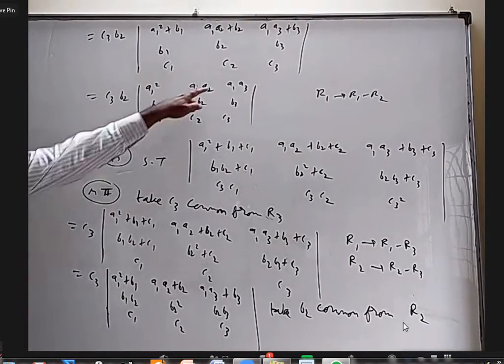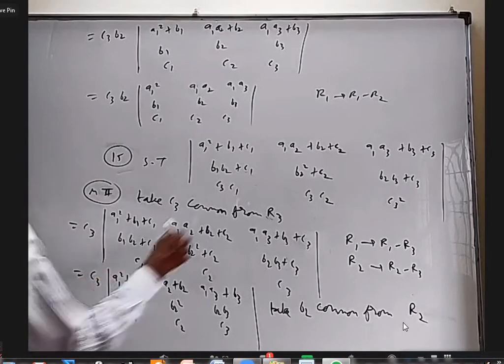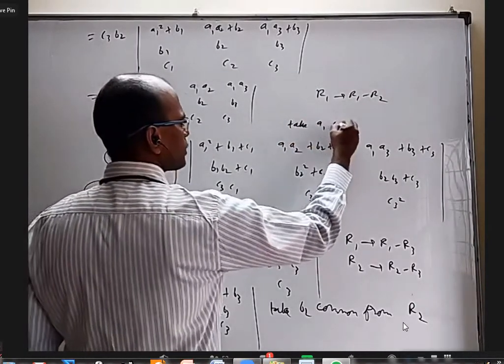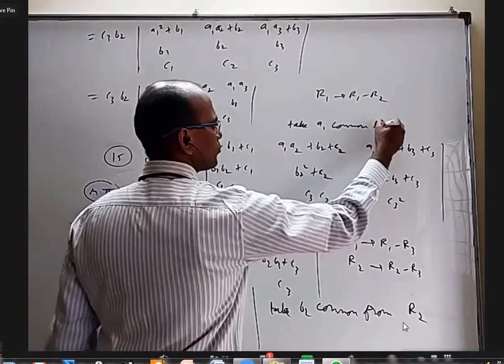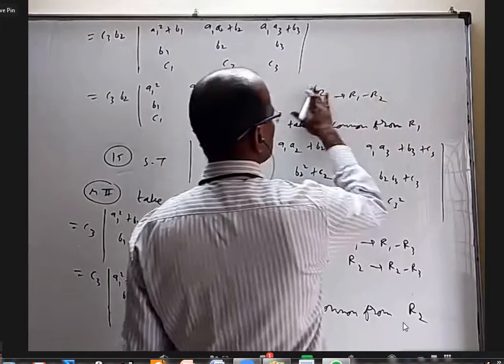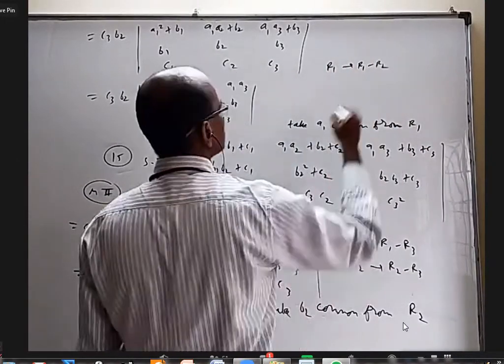Now I can take A1 common from R1, and then I need to transpose it one more step. I'll write here: take A1 common from R1, and R1 as R1 minus R2.